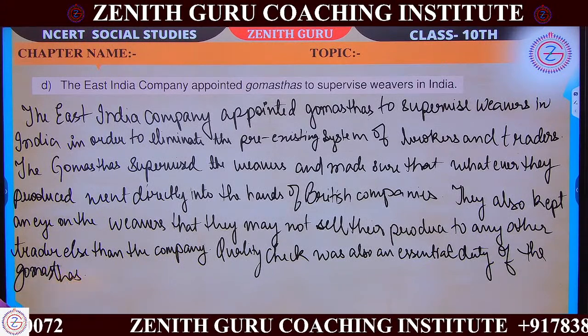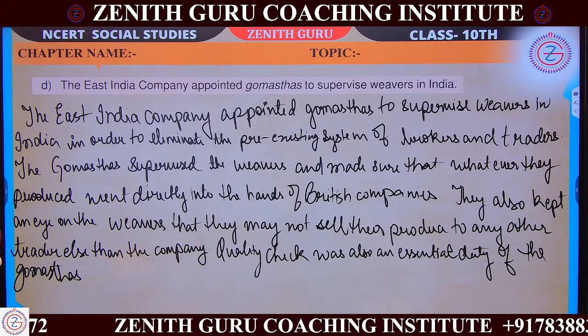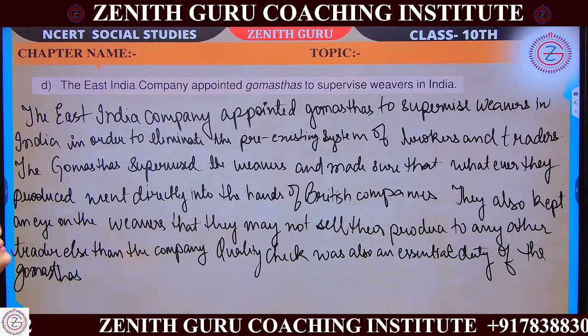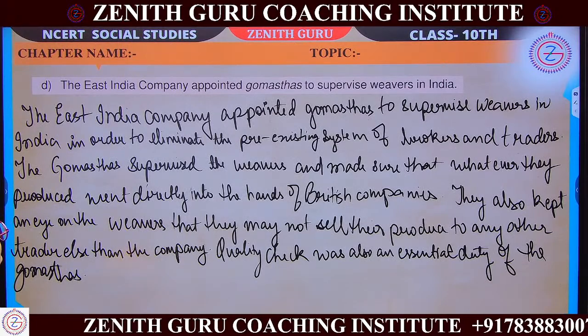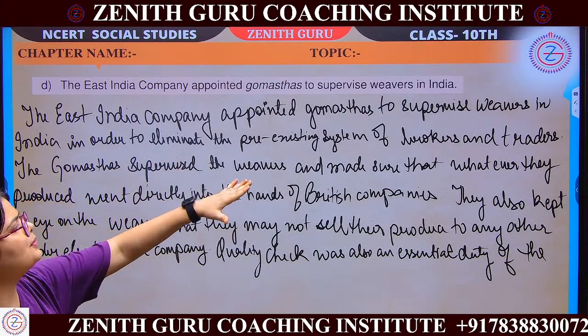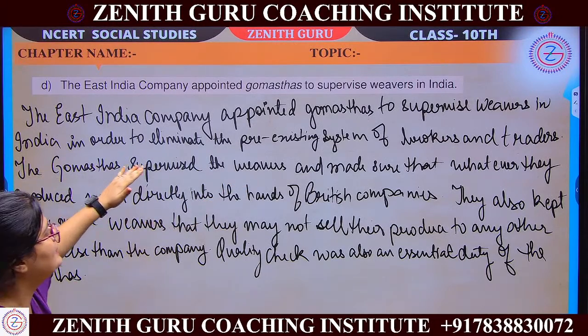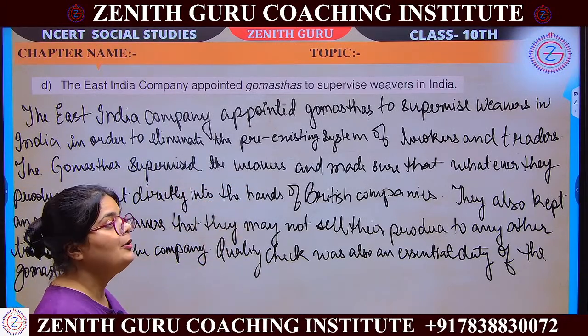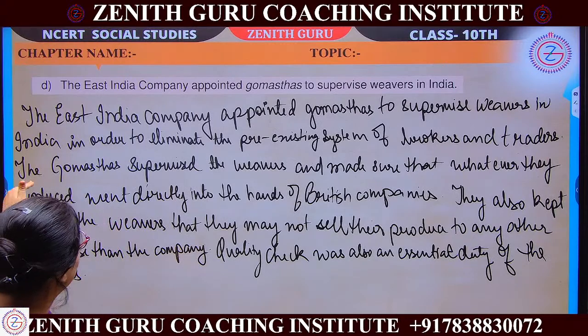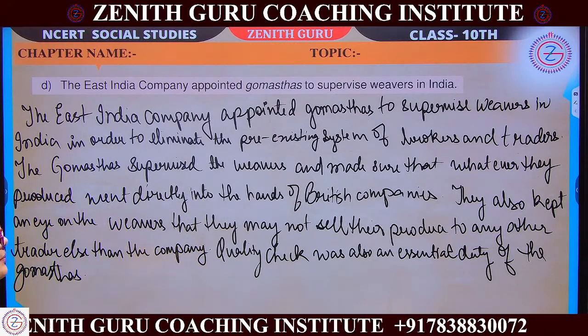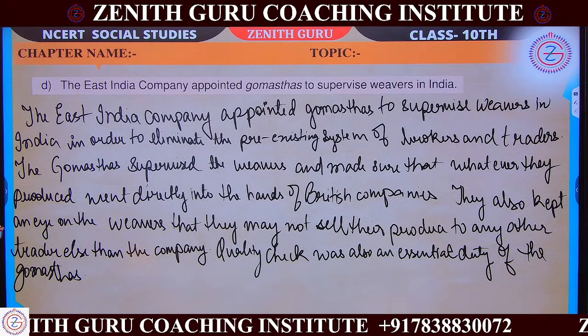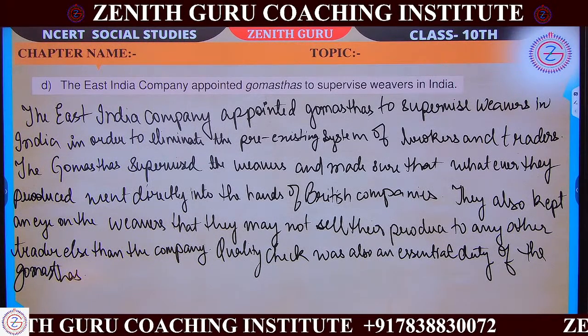So the East India Company appointed Gomesthas to supervise weavers in India in order to eliminate the pre-existing system of brokers and traders. The Gomesthas supervised the weavers and made sure that whatever they produced went directly into the hands of the British companies.